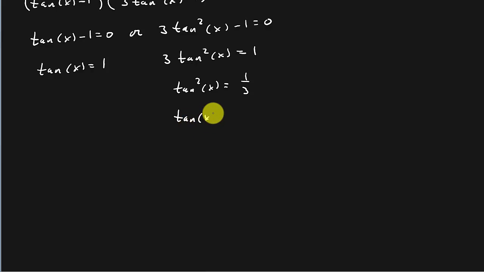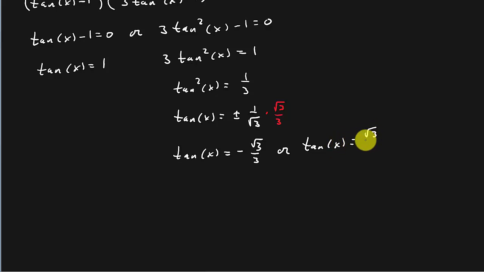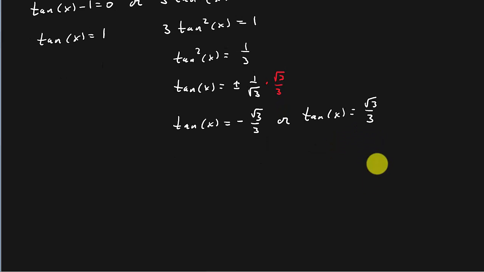So tangent x is equal to plus or minus 1 over square root of 3. And so I'm going to go ahead and rationalize that denominator. So that's going to give me tangent x is equal to negative square root of 3 over 3, or tangent x is equal to square root of 3 over 3.